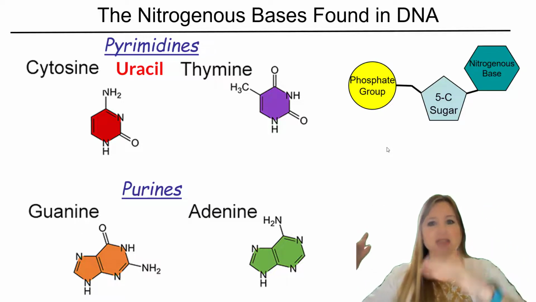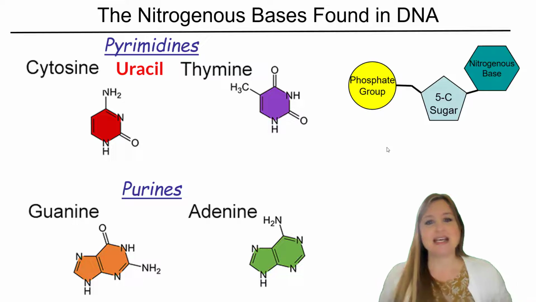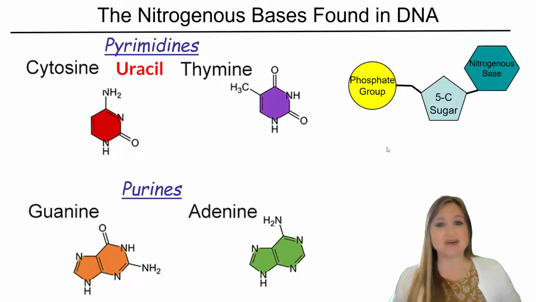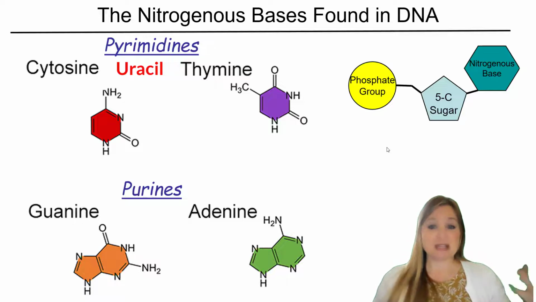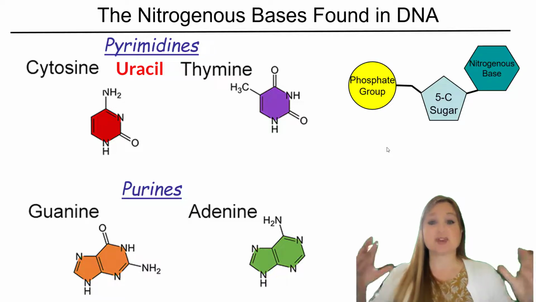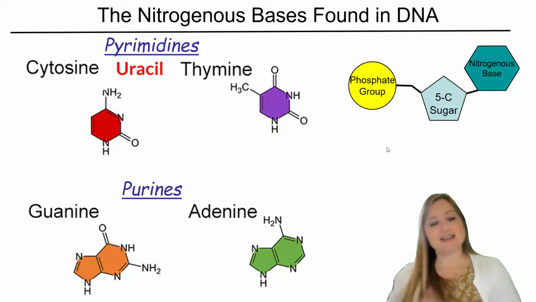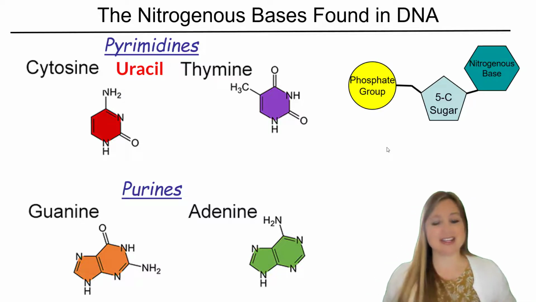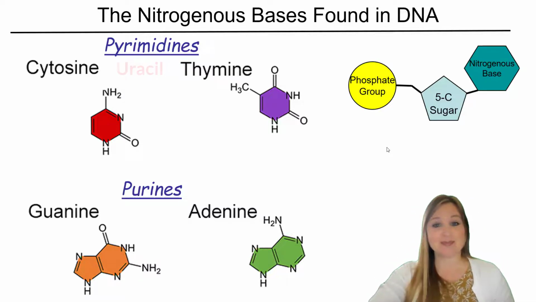C-U-T, cut from big stones. And C, U, and T are the three pyrimidines that we find in nucleic acids. So cytosine, uracil, and thymine are the pyrimidines. That leaves the other two, guanine and adenine, to be the purines. That's how I remember that, and I thought I'd share just in case it can help you as well.